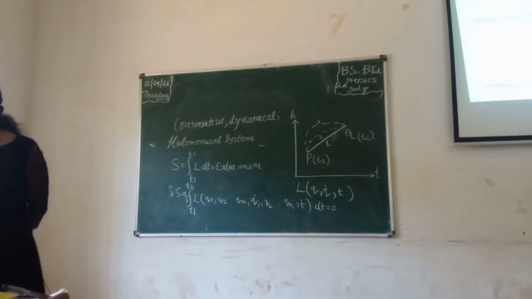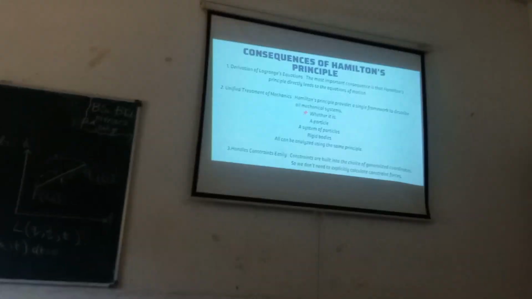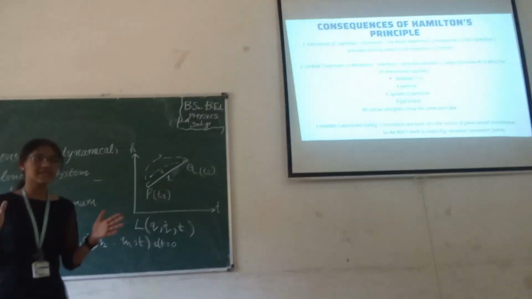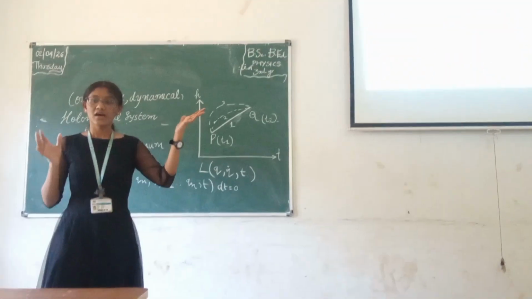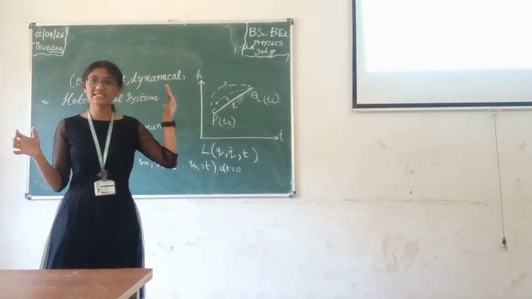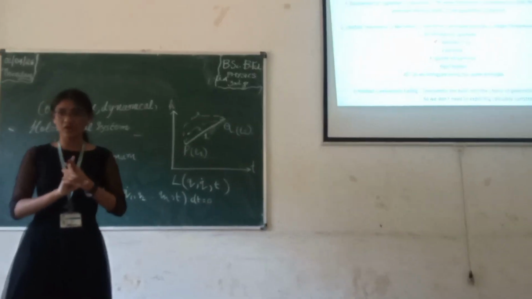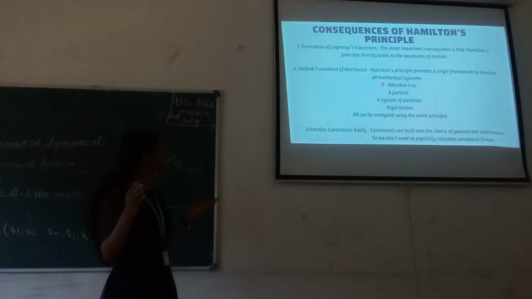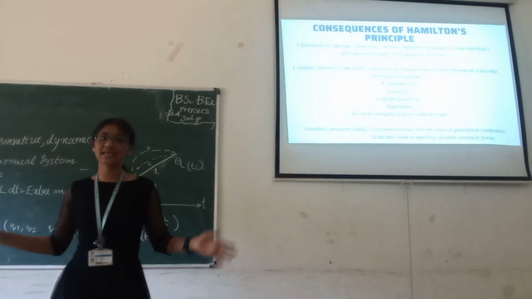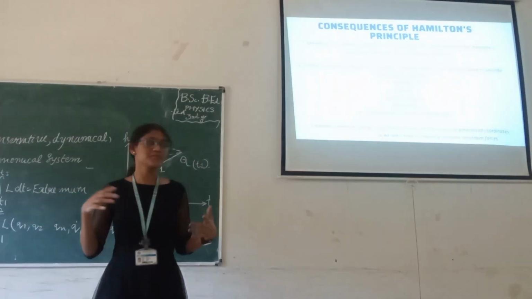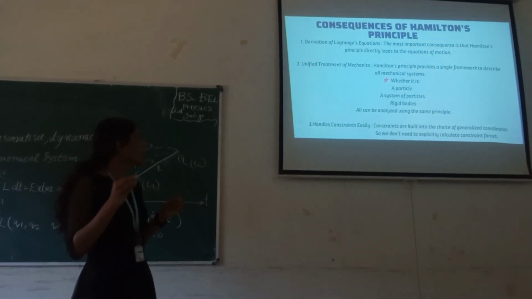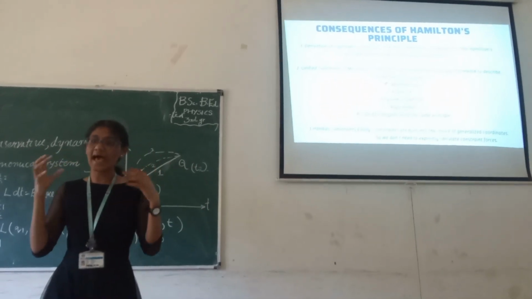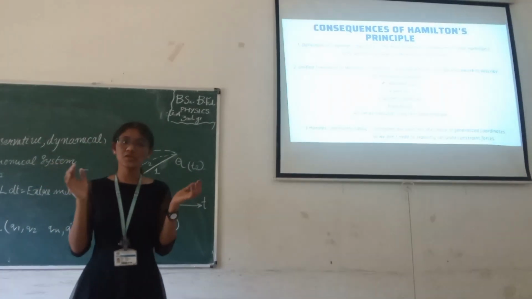Next is the consequences of Hamilton's principle. What exactly are the benefits of using this principle? First, we can derive the Lagrange's equations of motion using Hamilton's principle. Second, it provides a unified treatment for mechanics. We can describe any sort of system, be it a rigid body, a particle, or a system of complex entities, in a unified manner.